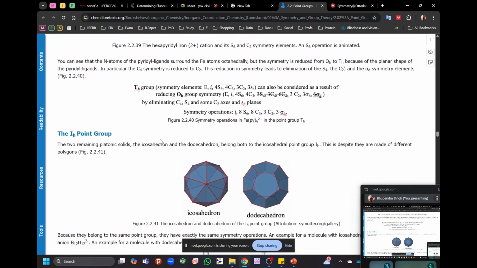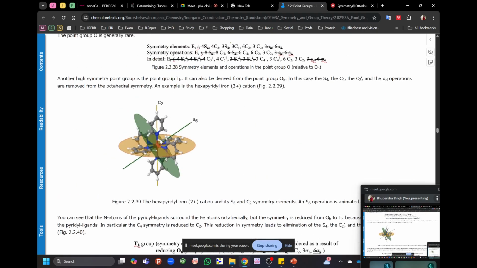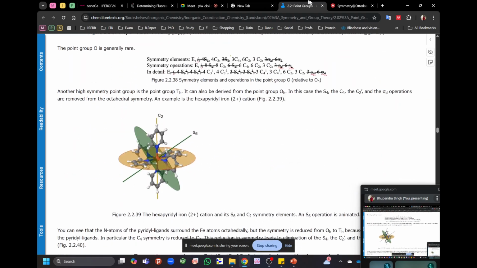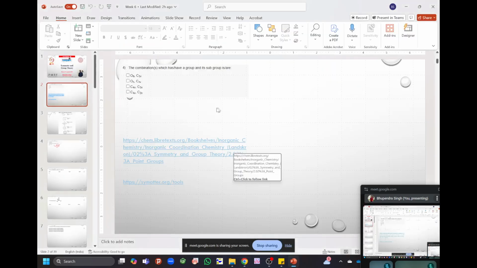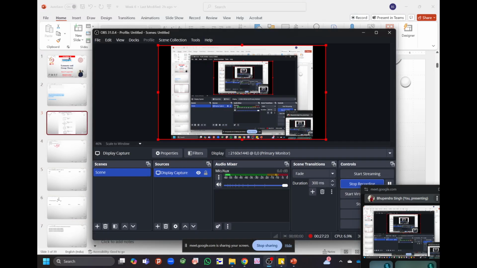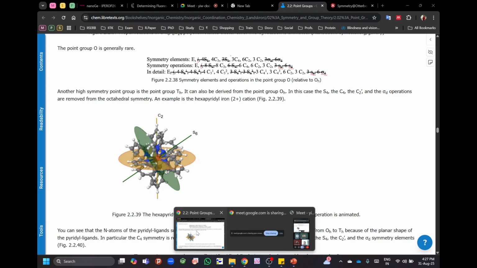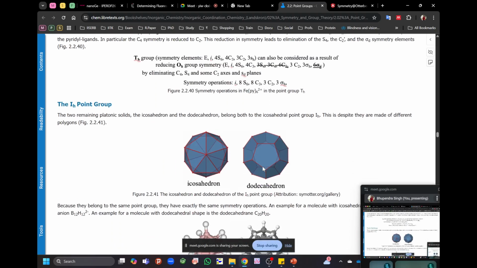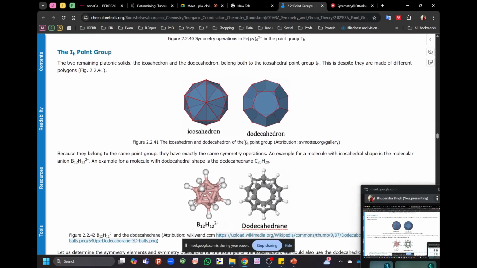Okay, tetrahedral is done. So what was the question? Tetrahedral is done, cubic and octahedron are also done, and then dodecahedron and icosahedron.